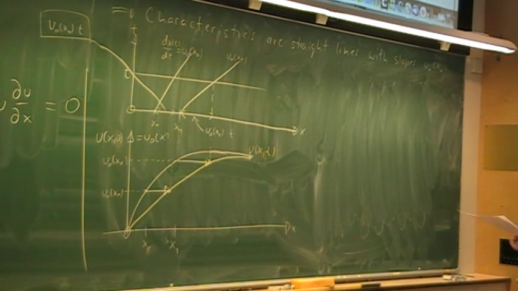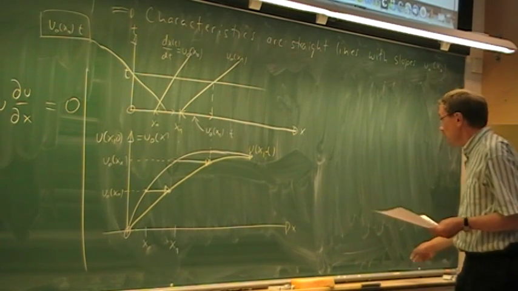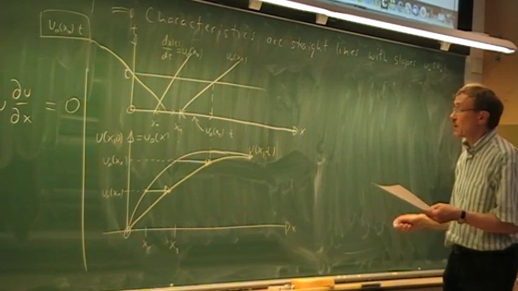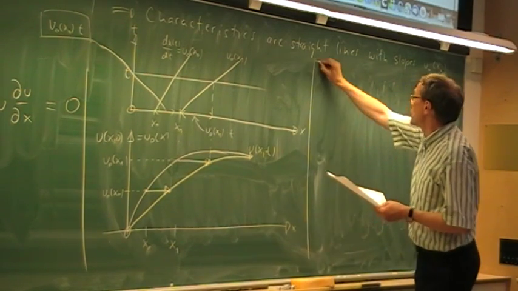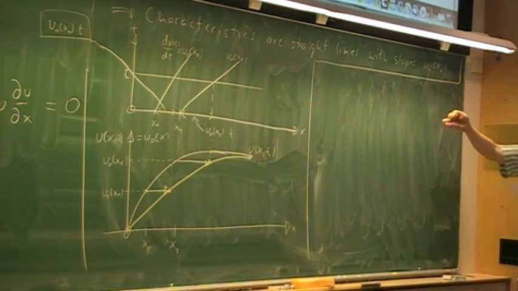We can go further and look for special cases. And these special cases are simpler than what we have here in the example, the part of the sine wave. We simply look at discontinuous initial conditions.